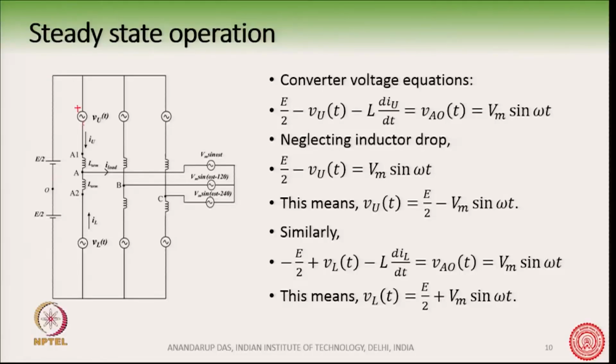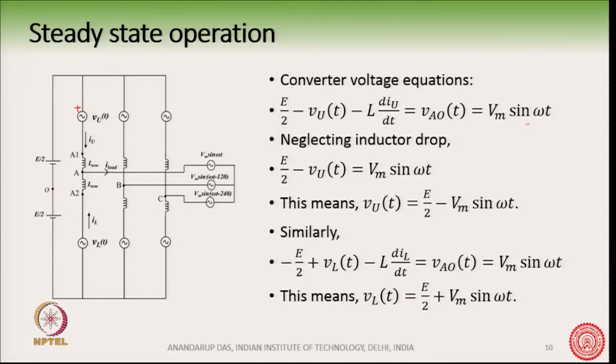So, E by 2 minus V u minus L di dt is equal to V a o t, for phase A. Let us assume that the AC voltage which we want to produce is given by V m sin omega t. We are talking about a DC to AC converter where the DC is available to us and we are trying to produce a controllable AC at the AC side.